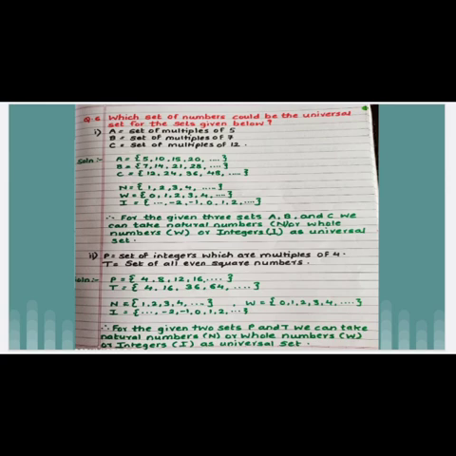Integers: -2, -1, 0, 1, 2 and so on. All these three sets are bigger sets than the given sets A, B, C. Hence, for the given three sets A, B and C, we can take natural numbers or whole numbers or integers as a universal set.